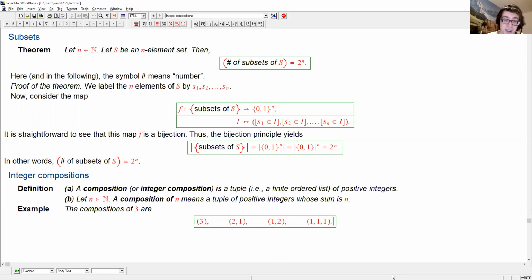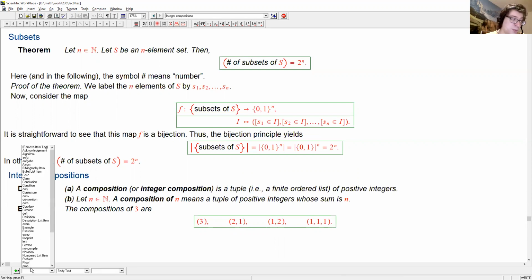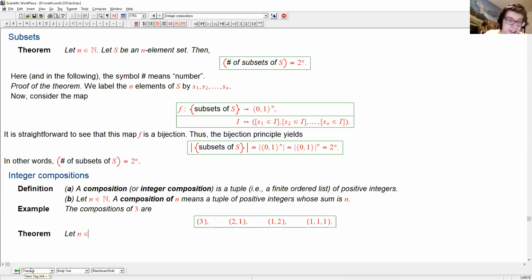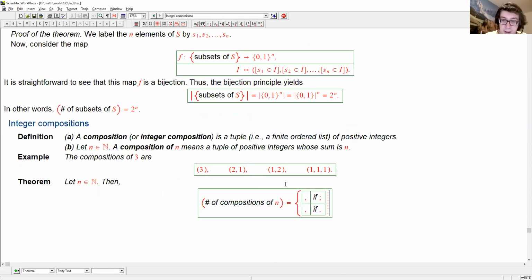So in other words, a composition of n is a way of writing n as a sum of positive integers, and the order matters, so these are not the same composition. So let's count them. Let n be a natural number, then the number of compositions of n is, and this is strange, you have cases.